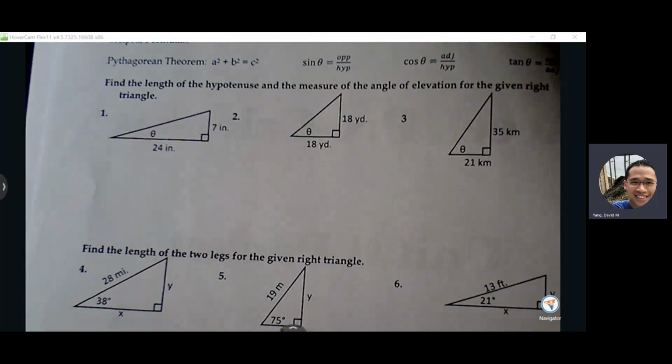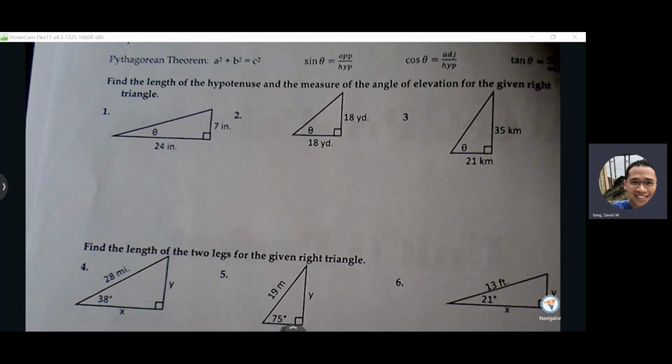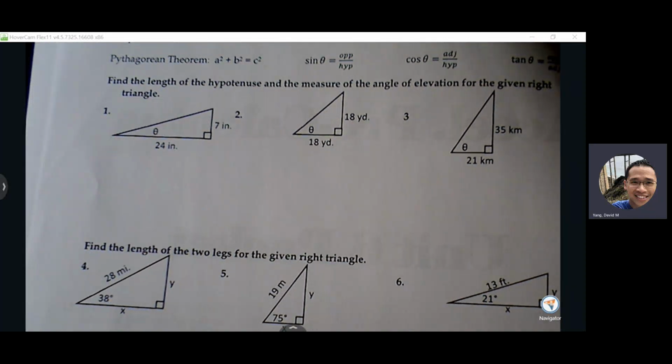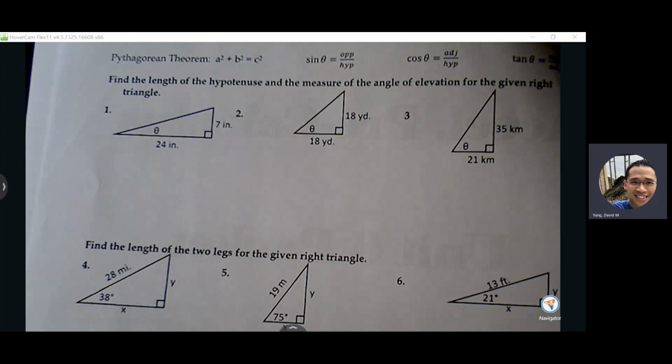So number 1, find the length of the hypotenuse and the measure of the angle of elevation for the given right triangle. The Pythagorean theorem will help us find that hypotenuse.